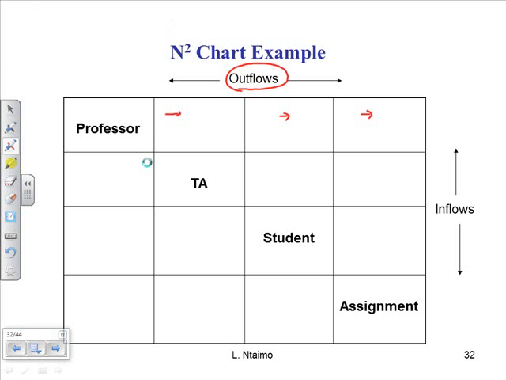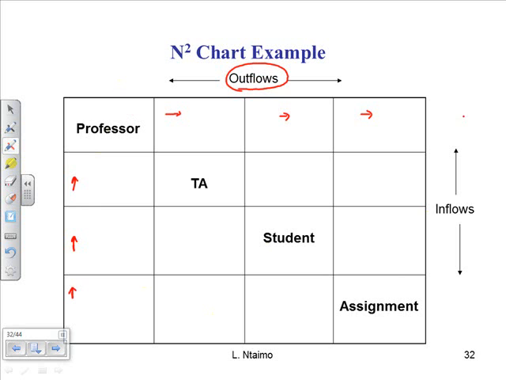So if we think of professor as an entity of interest, then we can write in these cells the output from professor going to the corresponding entity. And in the same way, we can write the inflows for the professor. It could be the exchange or interchange of information. For example, assignment to professor, students to professor, then TA to professor, that's going to go in here. For the students, it's going to go in here, and so on.